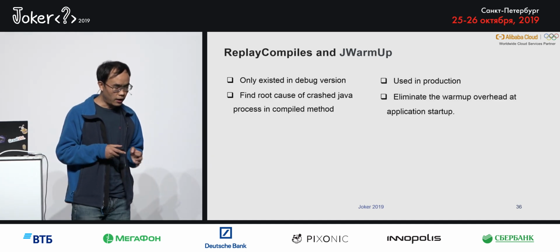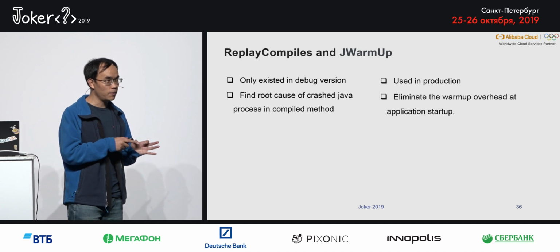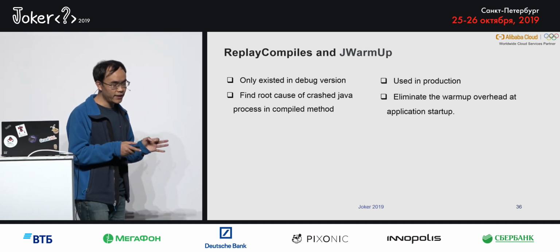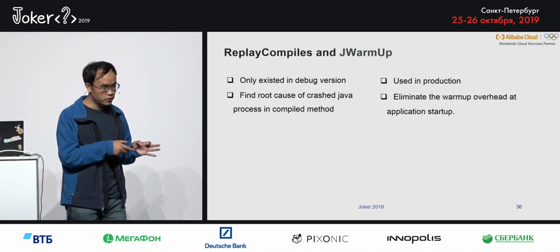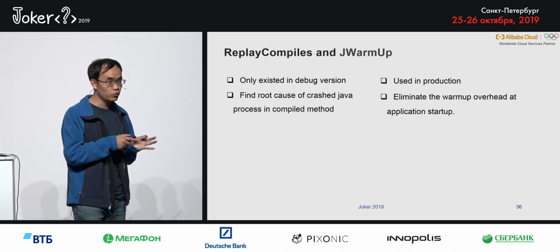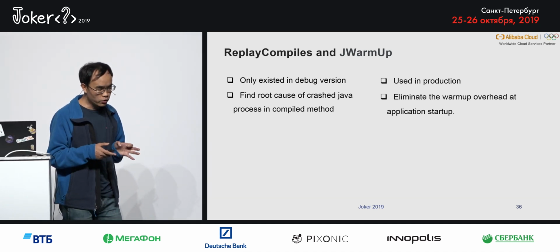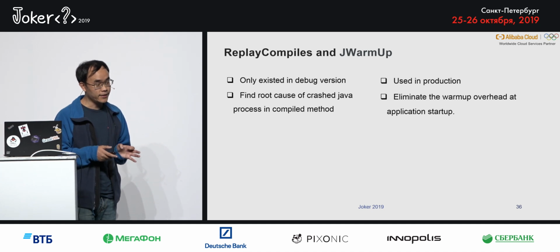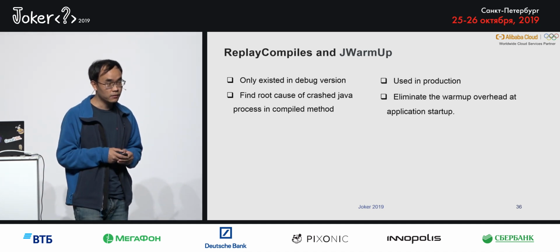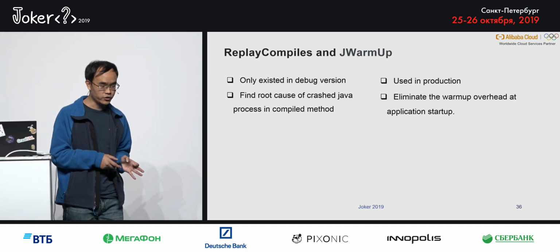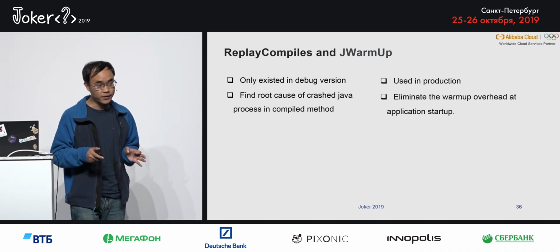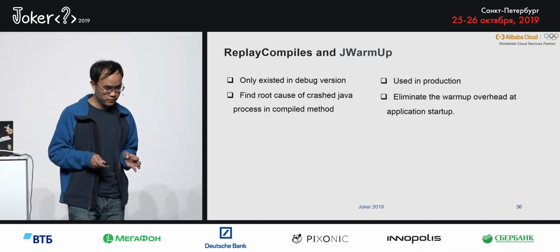They also have different purposes. For replay compiles, you can use them to find the root cause or correct a given problem in a compiled method. But for warm-up, as I have mentioned, we want to eliminate the warm-up overhead.